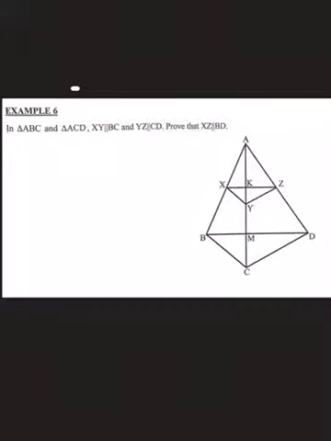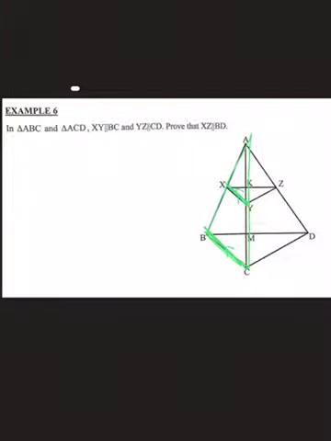All right, in example 6, triangles ABC and ACD are given, and you have XY parallel to BC and YZ parallel to CD. So let's do this using colors. Colors are very, very useful. So I'm going to do this one in green. That is the one triangle with its set of parallel lines.